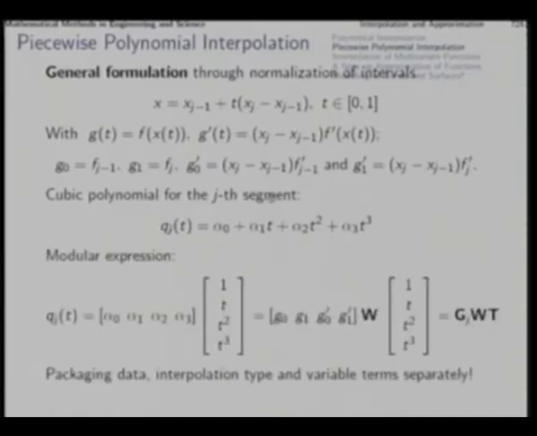Once you do that, you can note something interesting. This qj(t) you can write as the row vector alpha 0, alpha 1, alpha 2, alpha 3 into the column 1, t, t square, t cube. And we have already seen that alpha 0, alpha 1, alpha 2, alpha 3 will be linear combinations of these 4 pieces of data, right.